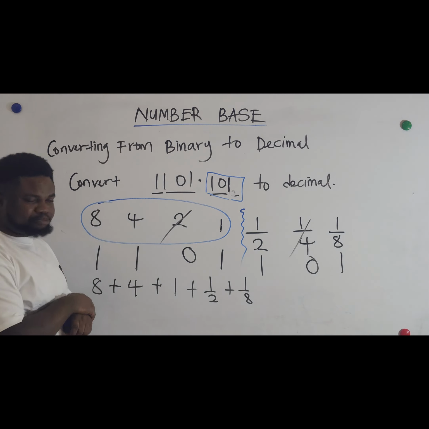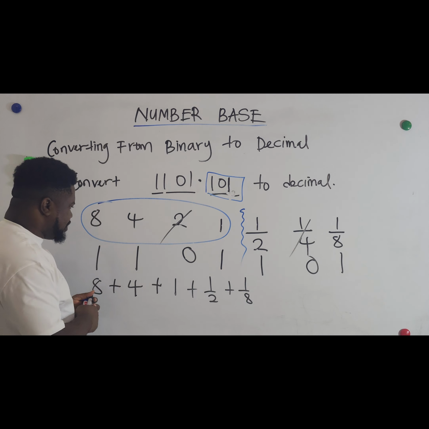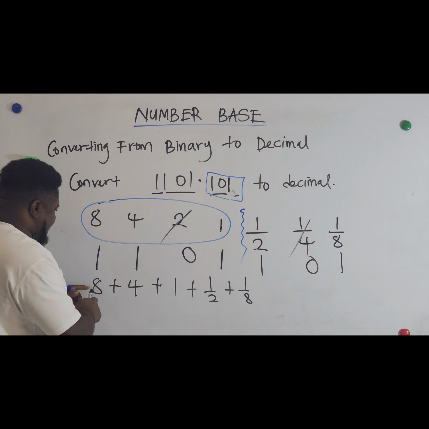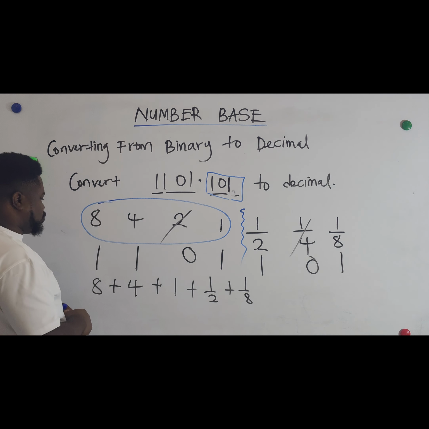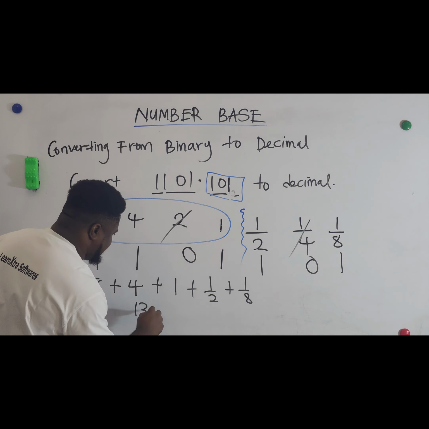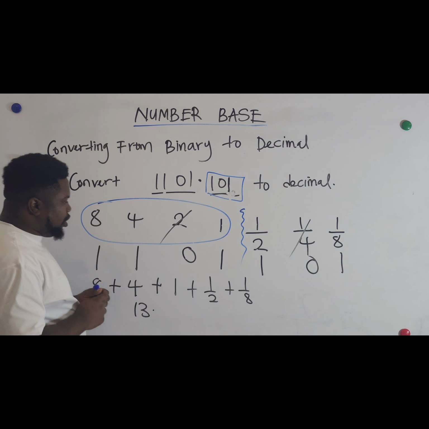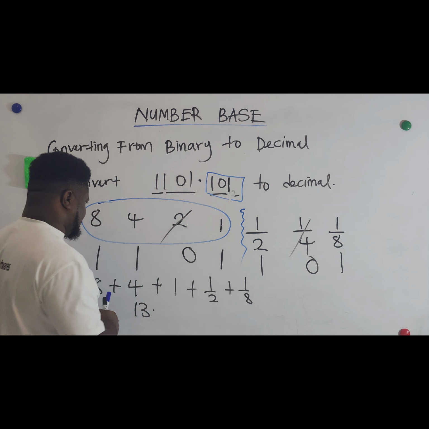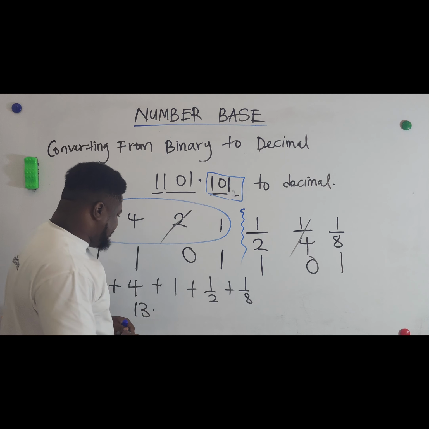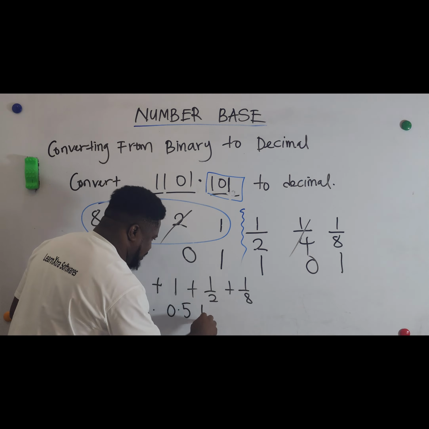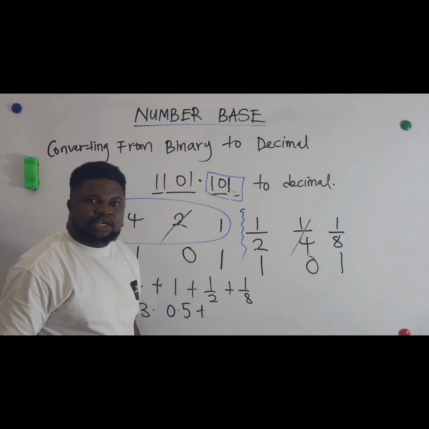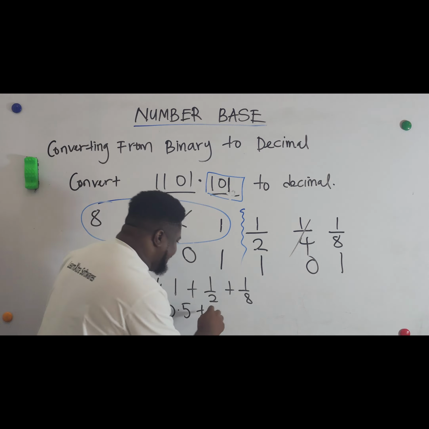So the whole number part will give us 8 plus 4 plus 1, that's 12 plus 1, that's 13. The decimal place, this part is going to give us: 1 over 2 will give us 0.5, plus 1 over 8 will give us 0.125.